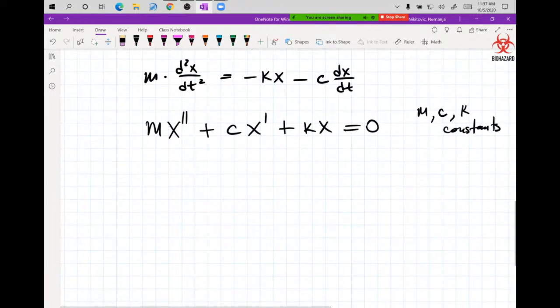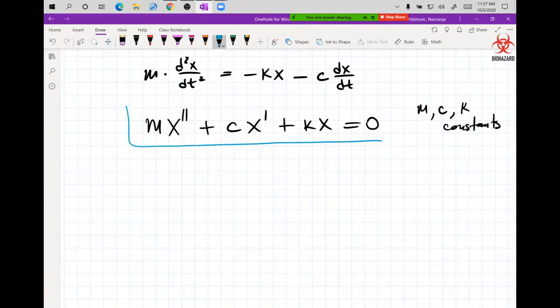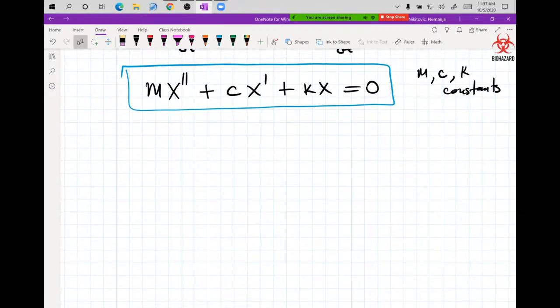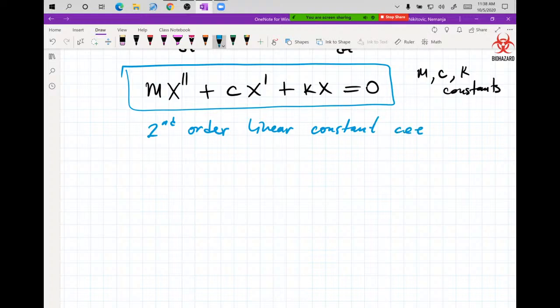So this equation here, which all of you are going to learn, and we'll have one for electrical at the end of the chapter. So this equation is your second order linear constant coefficients ordinary differential equation.